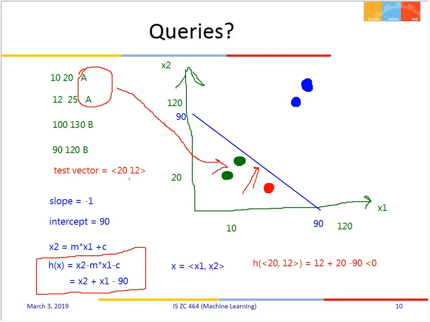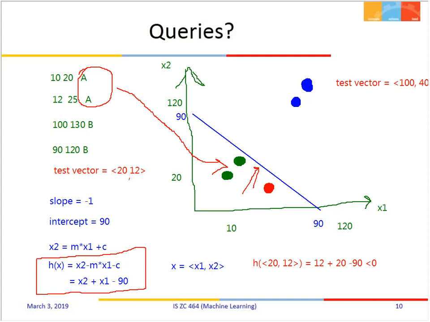So can you classify this test feature vector 100 and 40? You can compute these values. What is the value of h(x) for this test feature vector? So h of x, or rather I should write it as h of 100, 40.